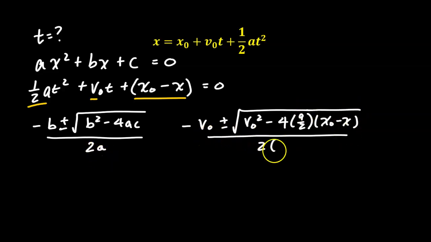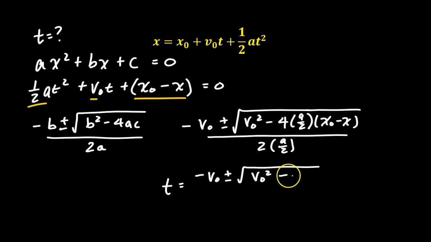So 2a is a over 2. Okay, so we can rewrite this as t is equal to negative v naught plus or minus the square root of v naught squared minus, and 4 over 2 is 2, so we have 2a times x naught minus x, divided by 2. The 2s cancel out, 2 divided by 2, and we end up with a on the bottom.